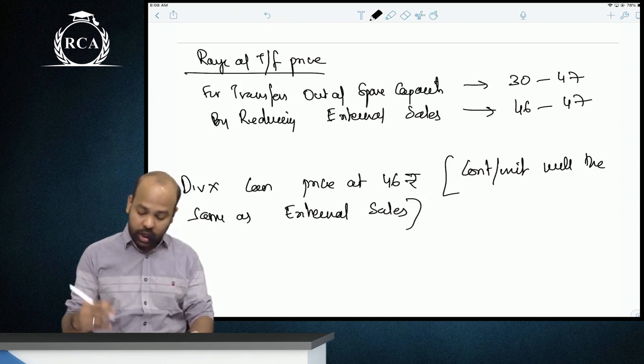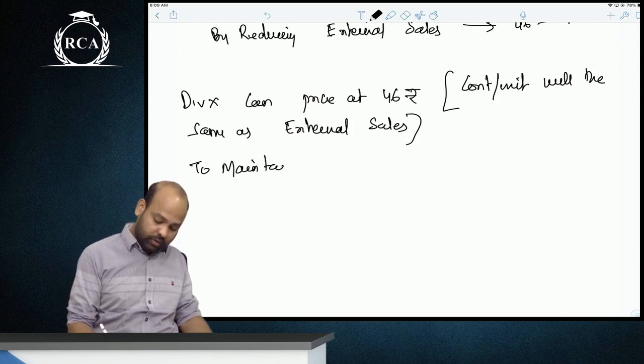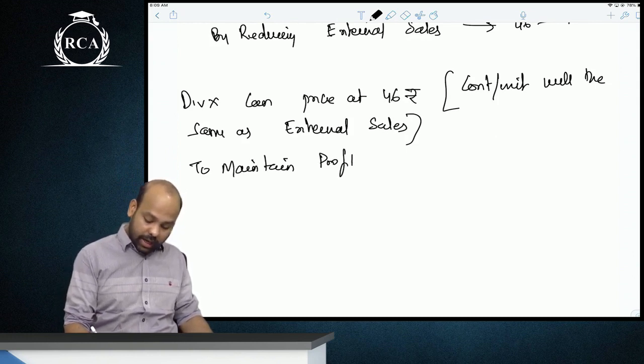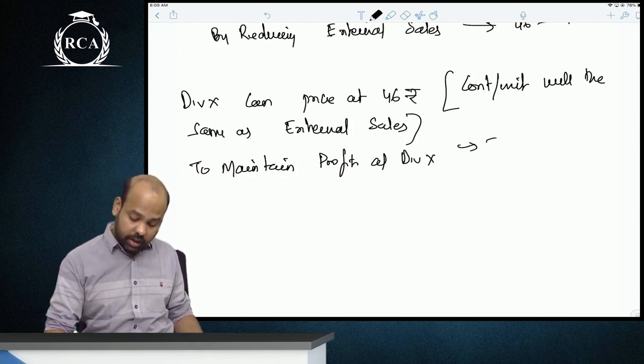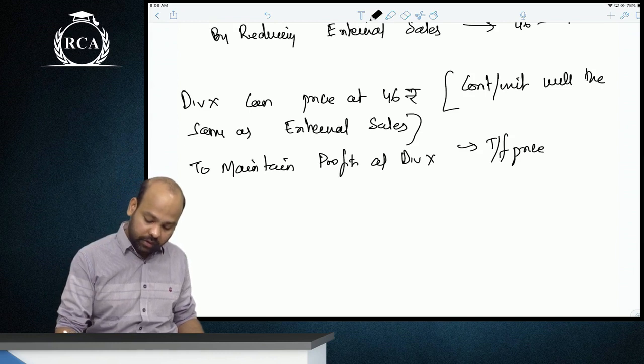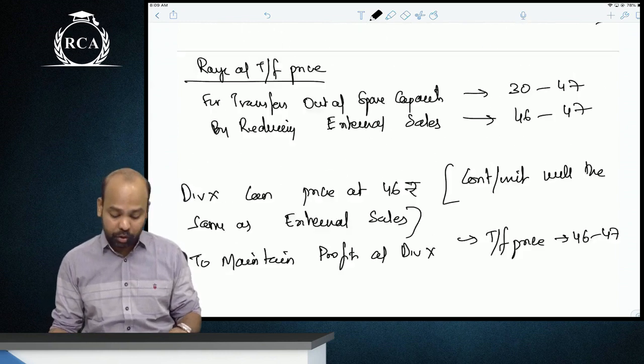To maintain the profits of division X, as they were already making a lot of profit, the transfer price can be 46 to 47.